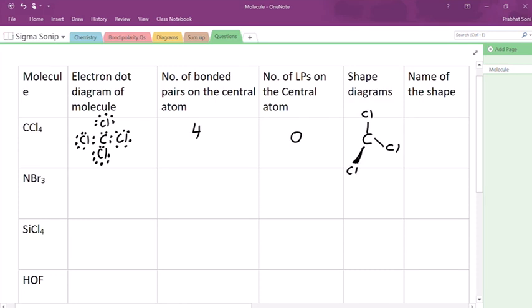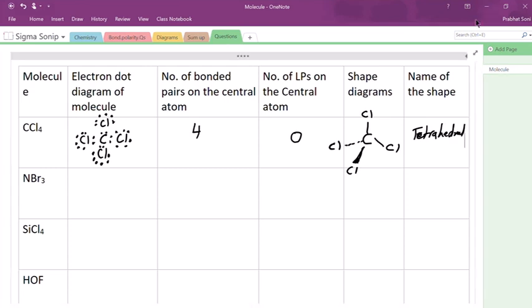And the thing which is going into the page, not in the plane of this screen but going behind the screen, you show with a dotted line. So this is the tradition that is used, and I would suggest that you use this tradition. Tetrahedral. And that's where we are going to stop today.